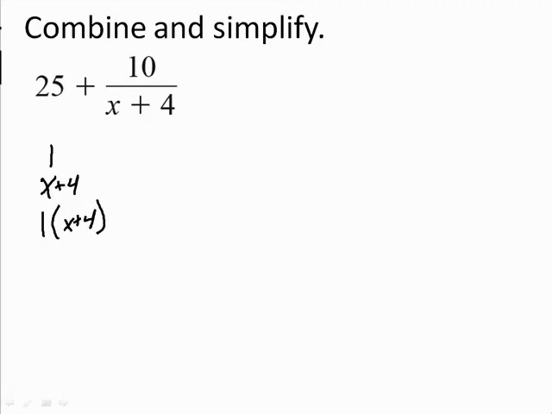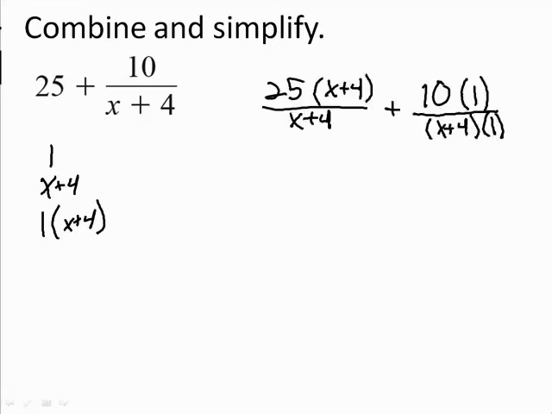Multiply the first fraction by x plus 4 divided by x plus 4, and multiply the second fraction by 1 over 1. 25 times the quantity x plus 4 divided by x plus 4, plus 10 times 1 divided by the quantity x plus 4 times 1. The two fractions now have the same denominator, so you can simply add the numerators. 25 times the quantity x plus 4 plus 10 divided by x plus 4.